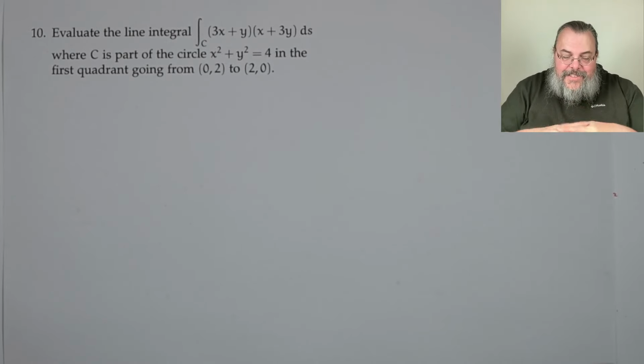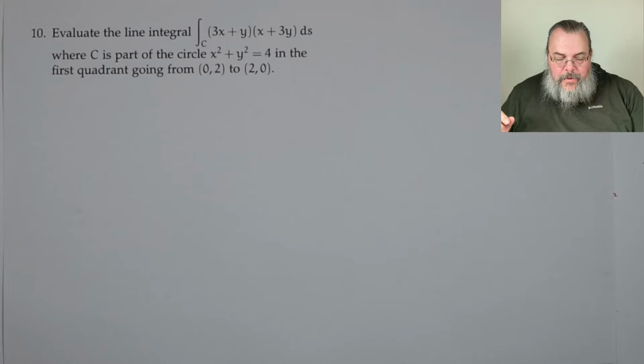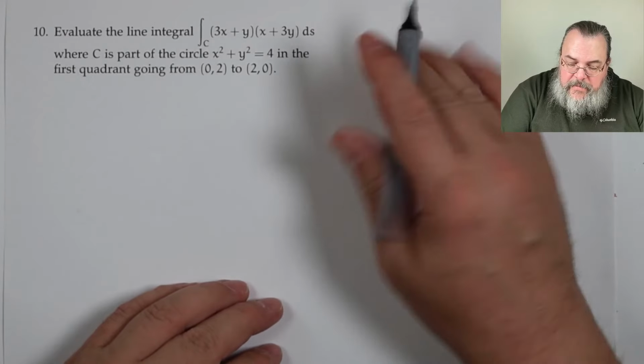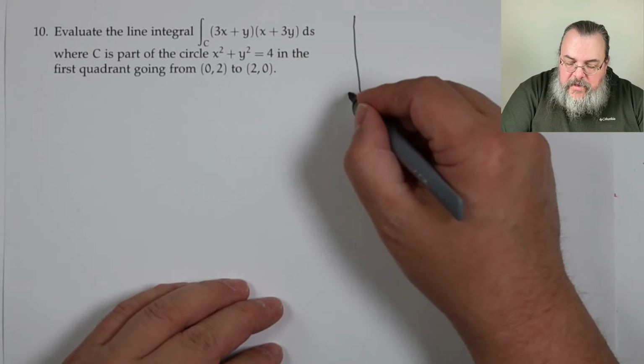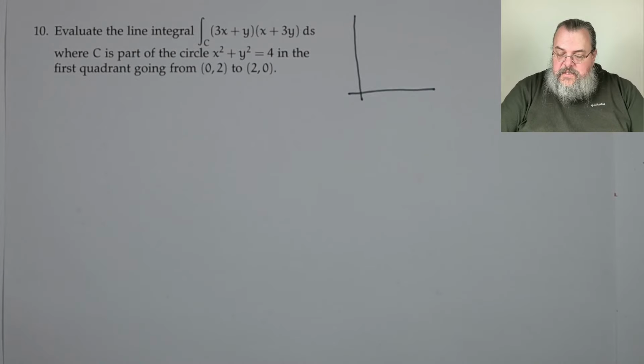Okay, let's start by understanding our curve. This is going to be interesting. We should sketch it, and since we're in the first quadrant, that simplifies things a little bit, at least in terms of understanding the picture. 0, 2 says that we're going to start up here.